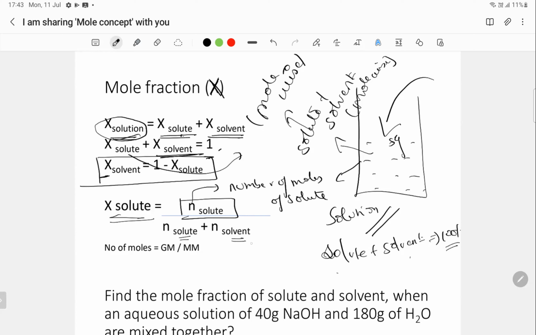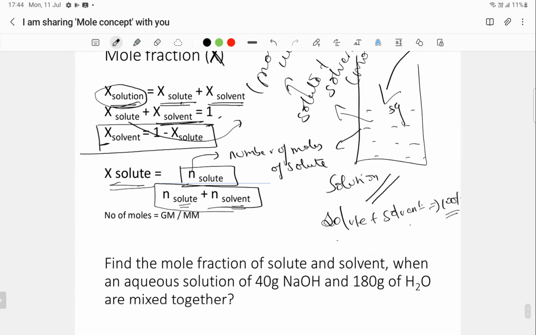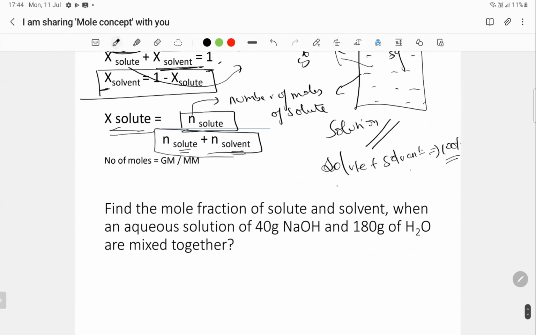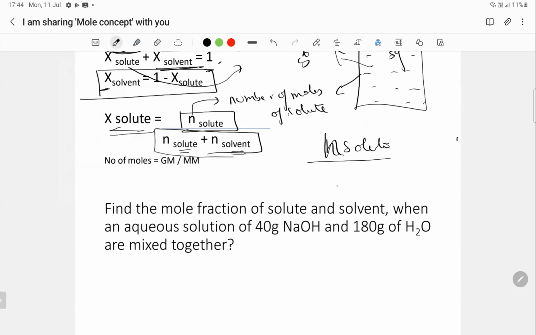Otherwise, you can say this is the total number of moles present in the solution. This may confuse you, but once you solve the problem, you will have a clear view. The solution is nothing but a mixture of solute and solvent.